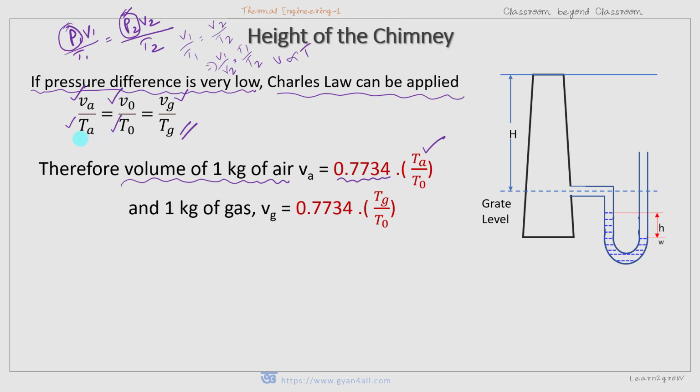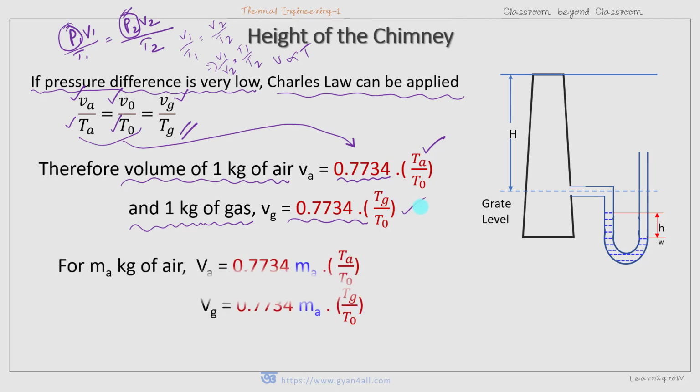From this relation we can get this, because V0 we know is equal to 0.7734, and for 1 kg of gas the volume will be this much at a temperature of Tg. So that is for 1 kg of gas or 1 kg of air. Now if the mass is Ma kg, then Va is equal to this much.